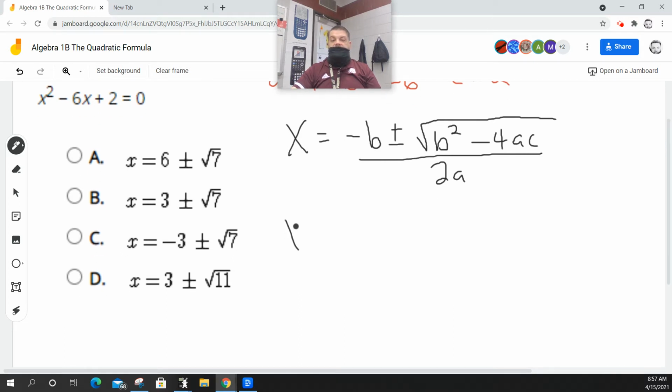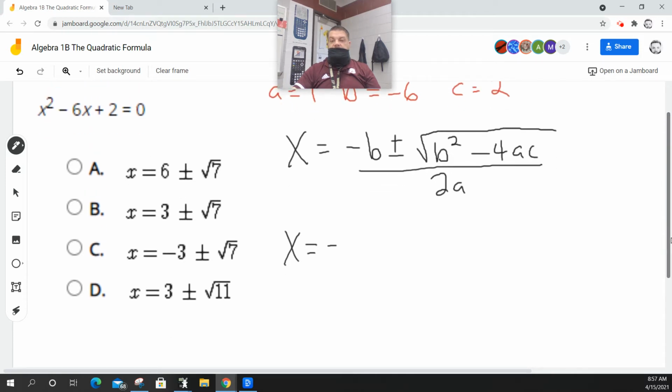So in the next line, I have x minus b, but b is -6. This is where somebody will make a mistake. They're going to put just -6, but it's really minus or negative -6. Plus or minus. Here's another place where people make mistakes. Put the negative in parentheses.